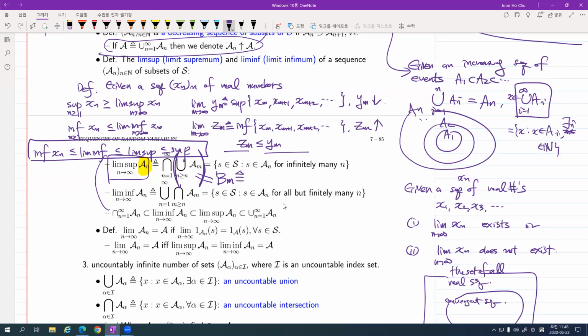That is A sub n union A sub n plus 1 union A sub n plus 2, something like that, right? Because your index m runs from n to infinity, so you have n plus 1, n plus 2, something like that.